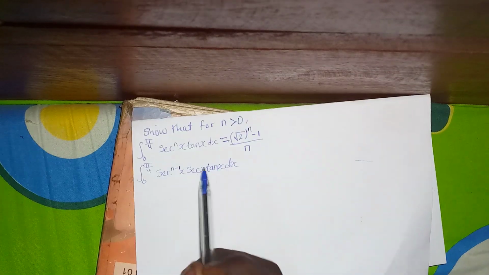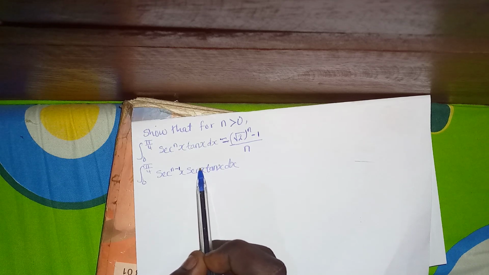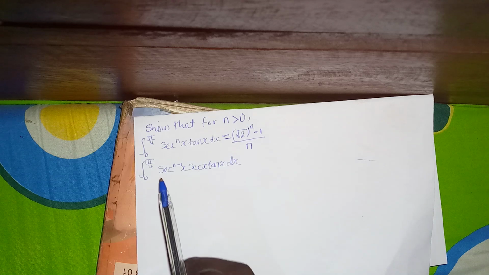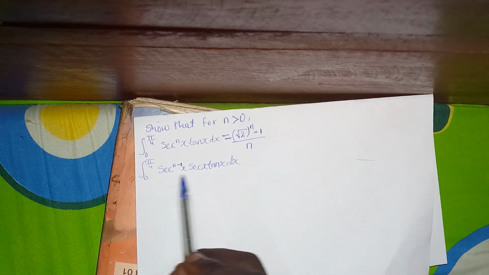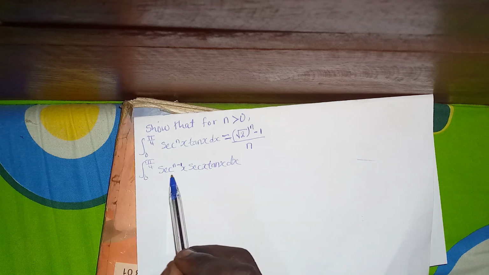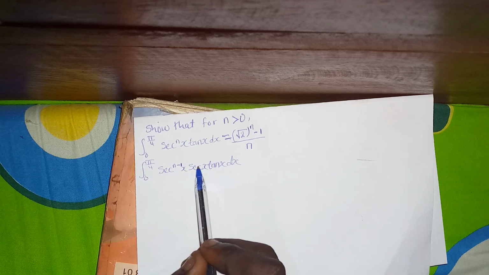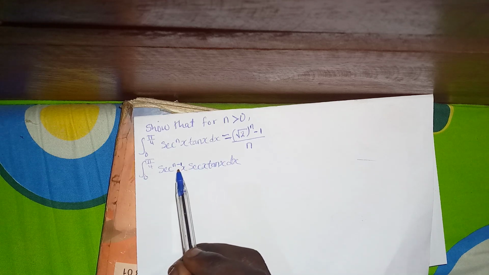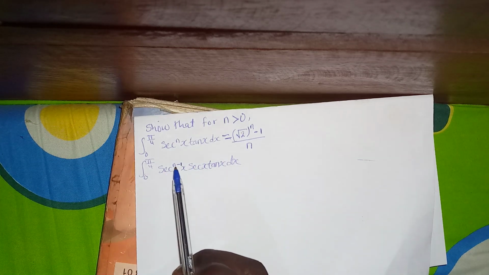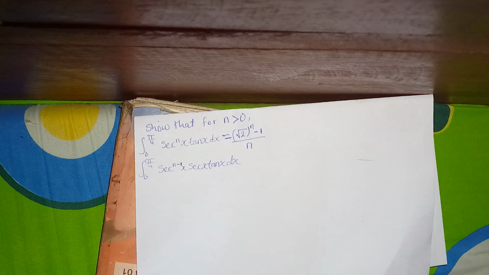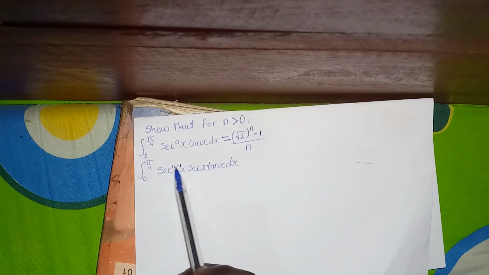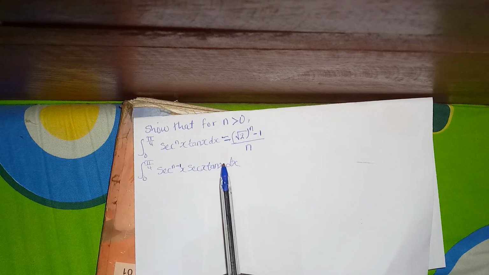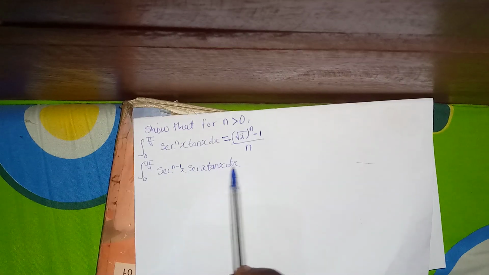The reason for doing this is that this sec is raised to the power 1, then this other is raised to the power n minus 1. From our law of indices, when you're multiplying two quantities whose bases are the same, you can simply add the exponents. In this case, we have n minus 1, then we have 1 here. So what's n minus 1 plus 1? It just gives us n, and that's exactly what we have. Then this tangent x dx.